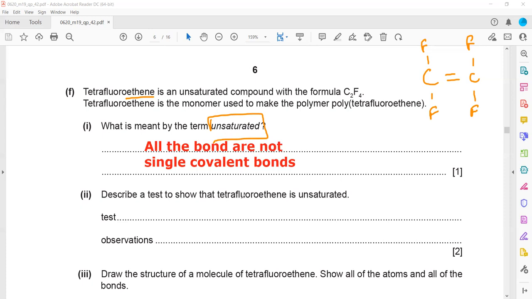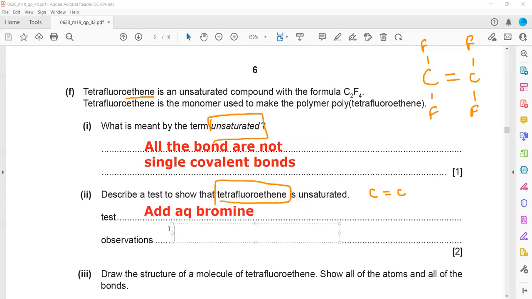Describe a test to show that tetrafluoroethene is unsaturated. So how can we test the presence of a carbon-carbon double bond? A simple test: we can add aqueous bromine. And what is the observation?